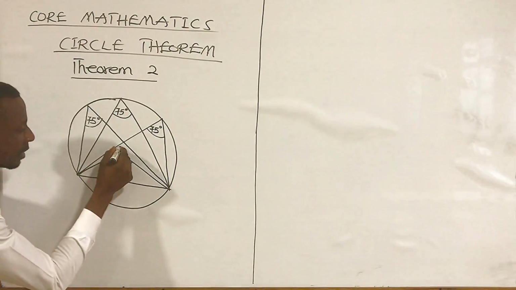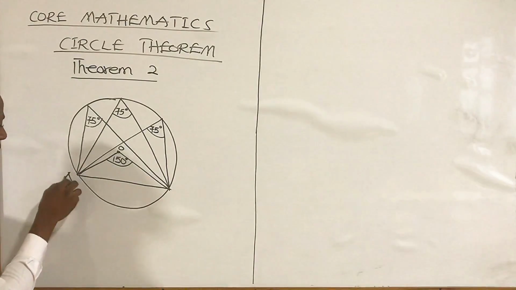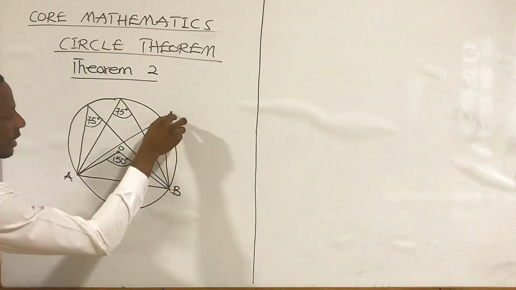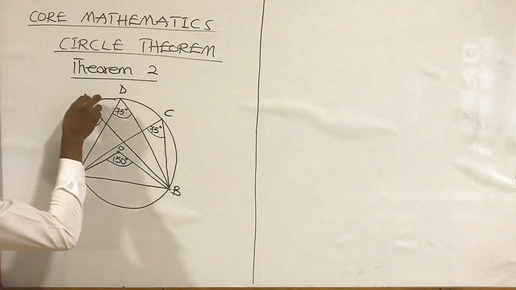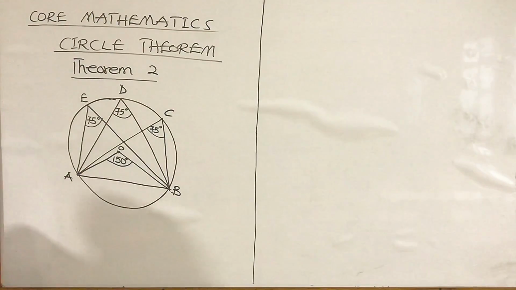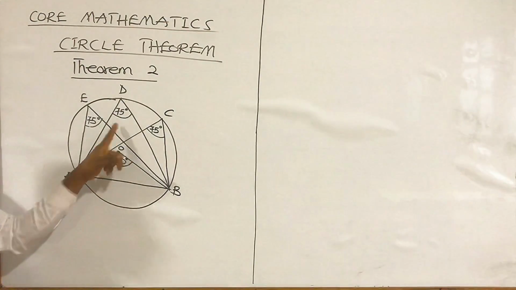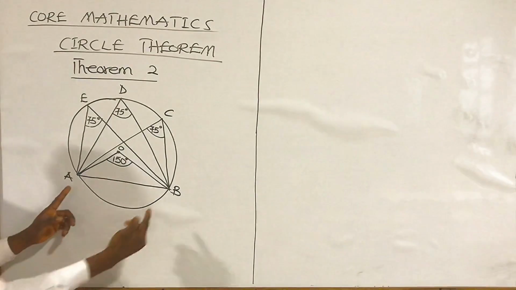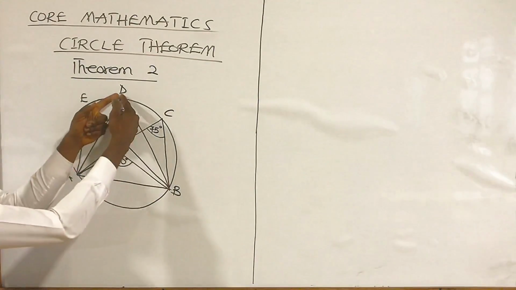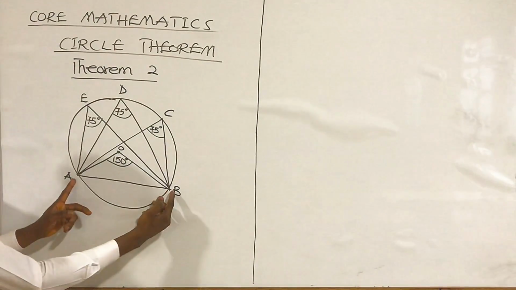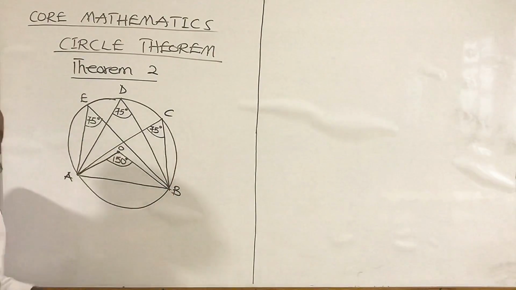So now we have center O, and we have A, B, C, D, and E. We could see that the angle here has been subtended by the chord AB to the circumference of the circle, from the same AB to the circumference of the circle.